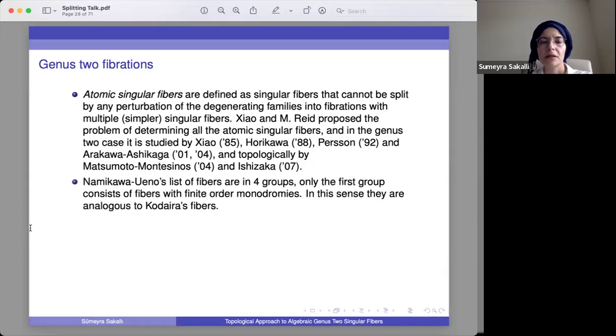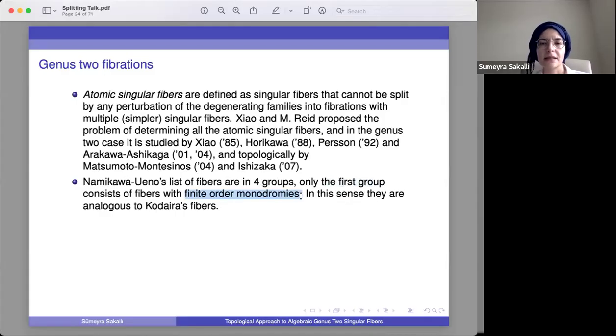And Namikawa-Ueno's list of fibers, as I said, has 120 types. They are given in 4 groups. Only the first group consists of fibers with finite order monodromies. In the others, they have infinite orders.